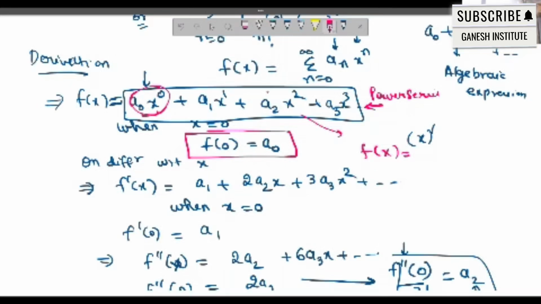So what is a naught which we got? Your f of 0. Then we have a1. What is a1? A1 is your f dash 0, and here is x. Plus, what is a2?